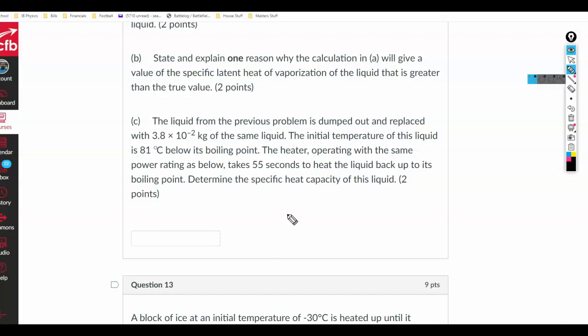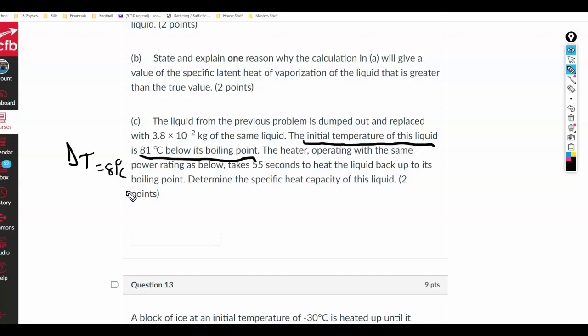The initial temperature of this liquid, it says in the problem, is 81 degrees below its boiling point. The heater operating with the same power rating as before takes 55 seconds to heat the liquid back up to its boiling point. If it's 81 degrees below boiling point, that means the delta T to get back to the boiling point is 81 degrees Celsius.